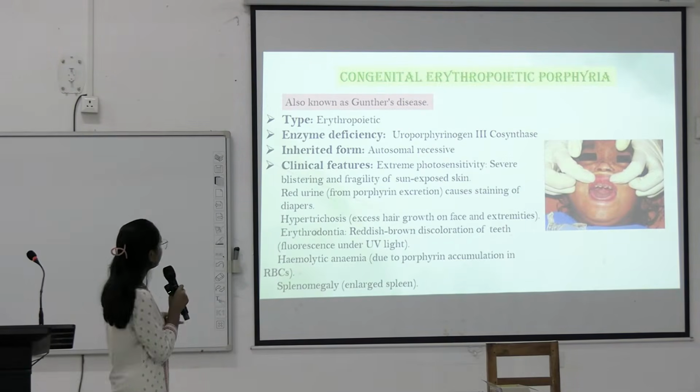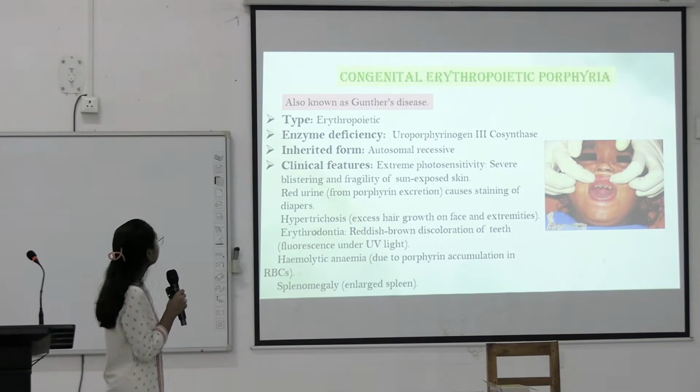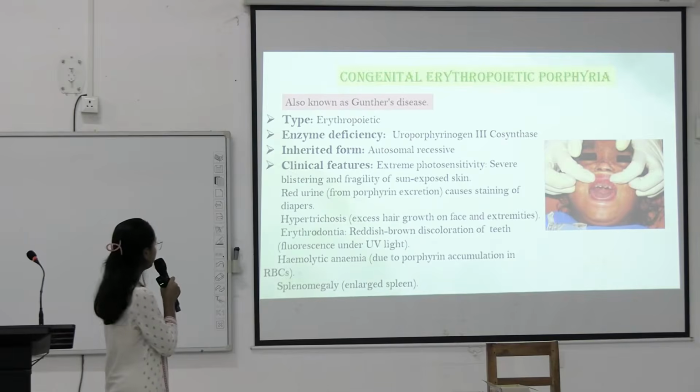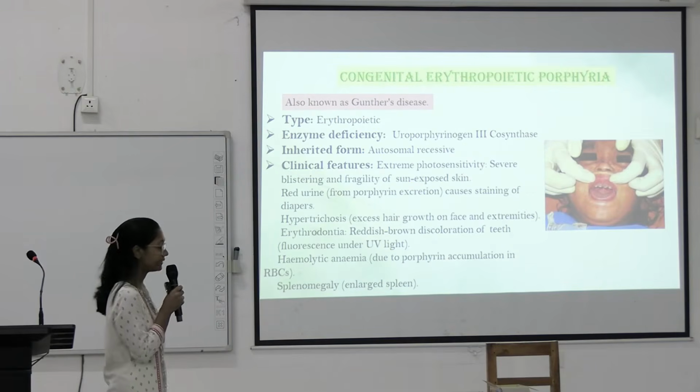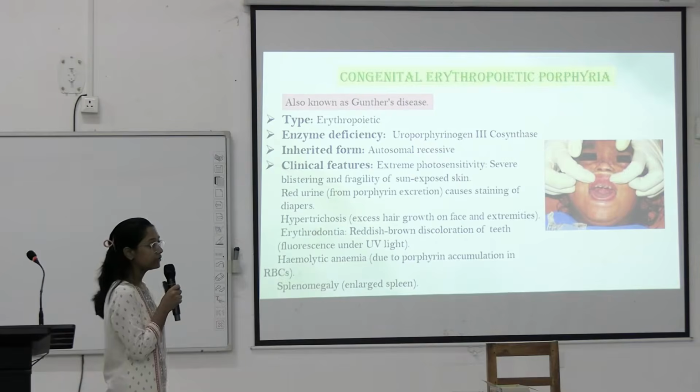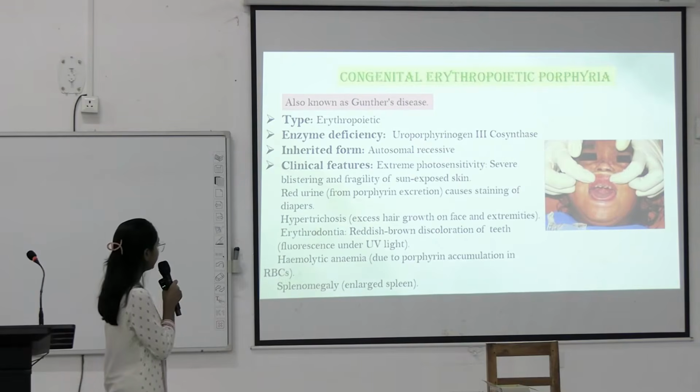Next, we have congenital erythropoietic porphyria, which is also known as Günther's disease. Type is erythropoietic. Enzyme deficiency is uroporphyrinogen III cosynthase. Inherited form is autosomal recessive. Clinical features are extreme photosensitivity, which causes severe blistering and fragility of sun-exposed skin.